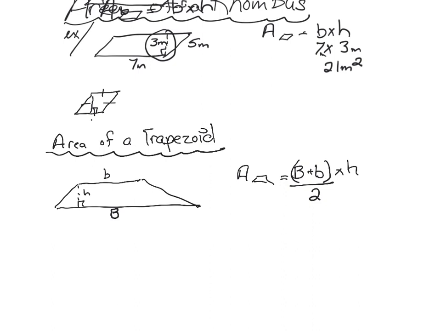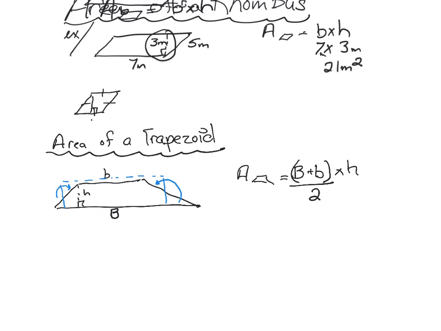And what you can think about it as, if it helps, is that basically you're taking the average of the bases. So you're taking this little piece off, you're putting it here, you're taking this piece off and putting it here. So you're averaging out the bases and then making it, if you will, into a rectangle of that size.